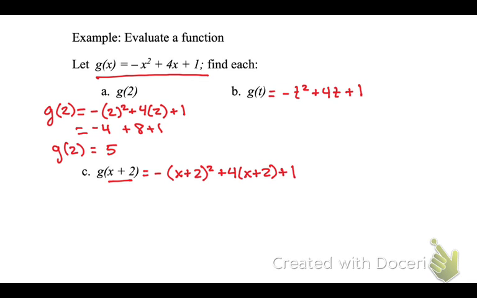Now, here is your trick question, because I gave it to you on all your prerequisites. What does this mean right here? That times that. Foil it. Give me an answer. Remember the negatives out there, so you want parentheses again.